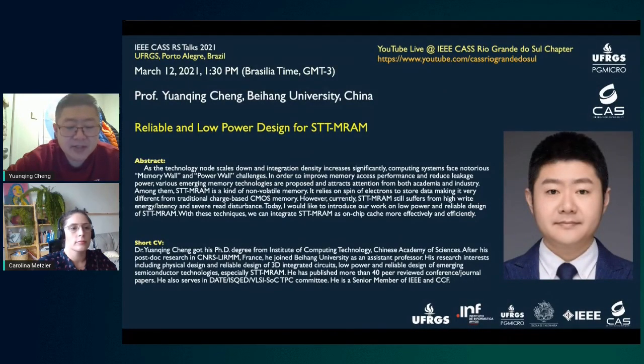But the problem is that STT-MRAM memory has a very high cost, and with the same capacity, STT-MRAM may cost several times more than the DRAM product. This is the bottleneck for the widespread usage of STT-MRAM as main memory.